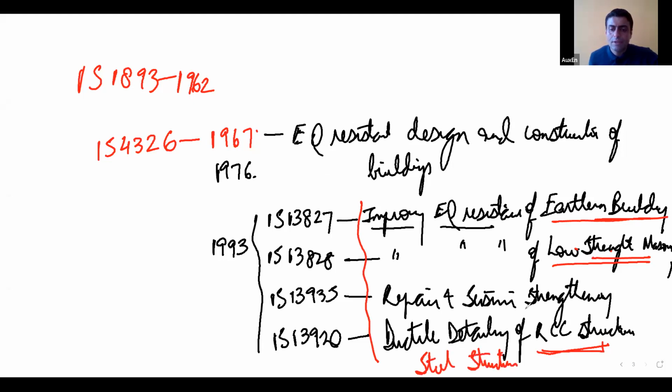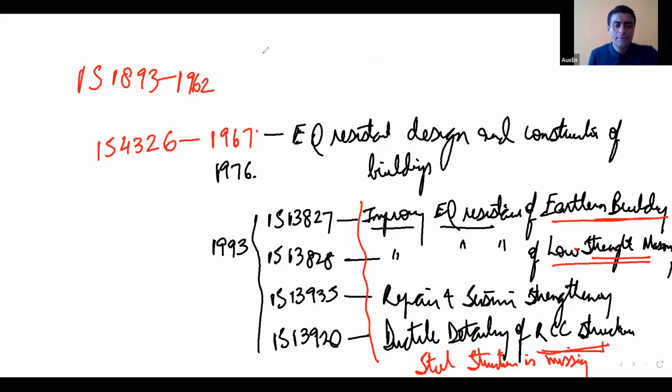Yes, no? Steel structures is still missing. That means there is no code for ductile detailing or design for earthquake resistance for steel structures. So this is all RCC right now, or earthen buildings or masonry.